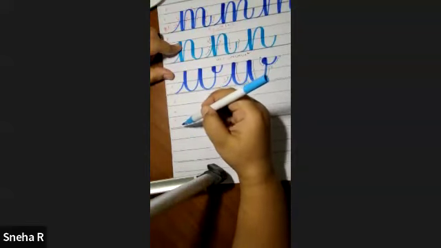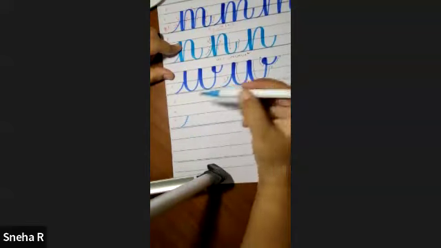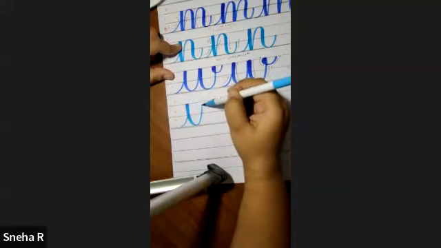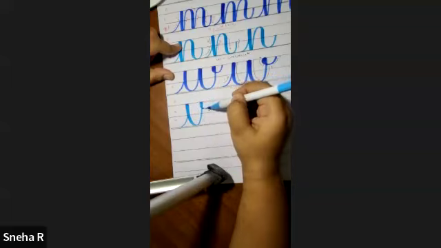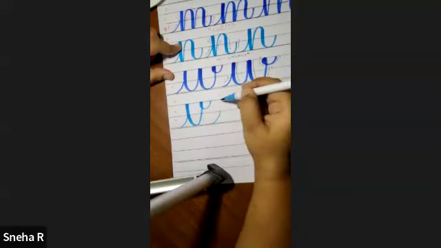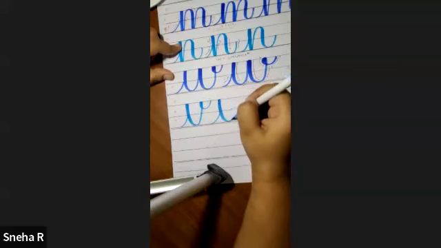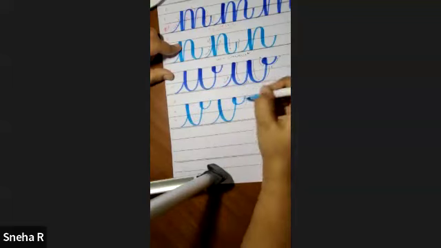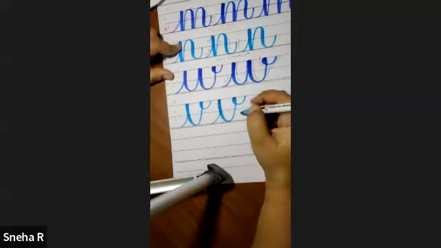So entry stroke, a narrow underturn, a pointed underturn, and a small underturn on the top.